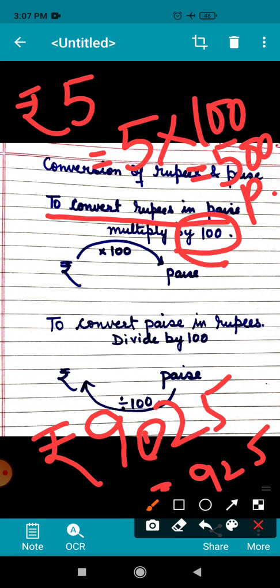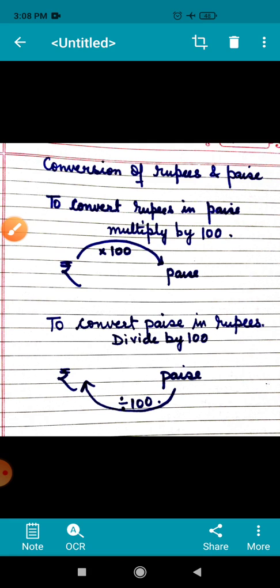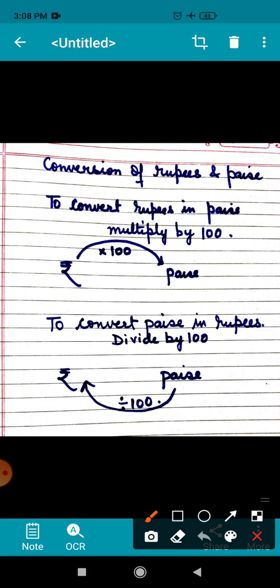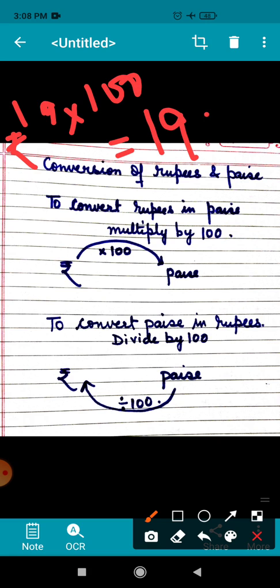Children, hope you all are understanding. If rupees are given, simply you have to put 2 zeros at the end. Okay, suppose you have 19 rupees. So then what you will do? You will multiply it by 100, or simply you will write 19 and 2 zeros, that will be paisa.